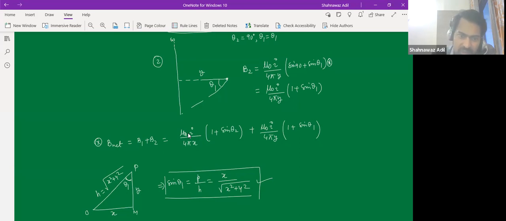Yes. Mu naught by 4 pi, how can we cancel this, right? There is no mu naught in the denominator. Okay. So we can put the value of mu naught by 4 pi, that is 10 to the power minus 7.